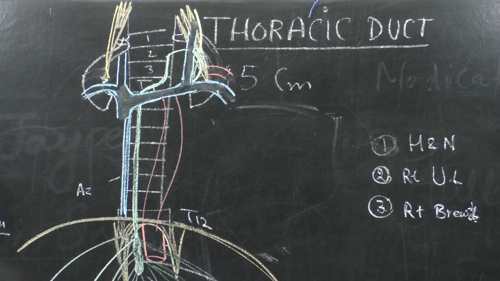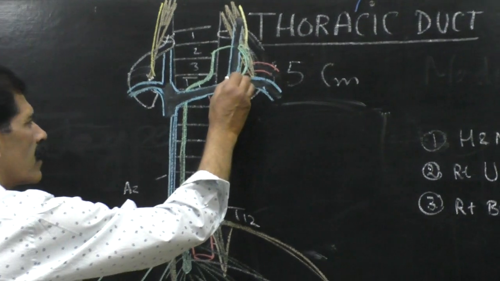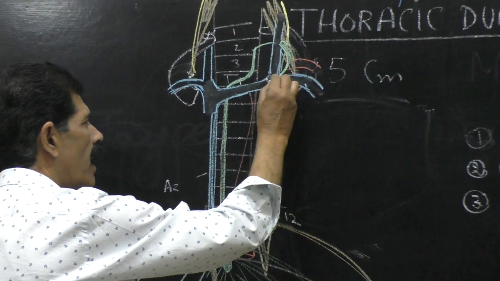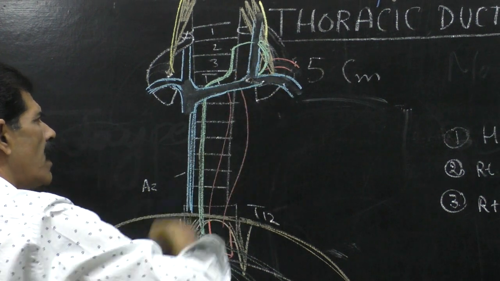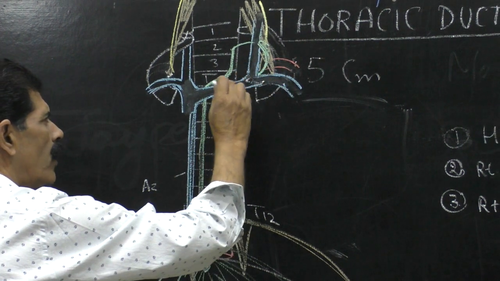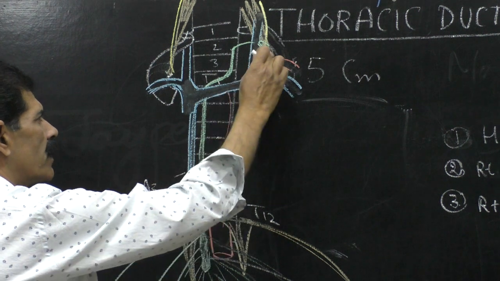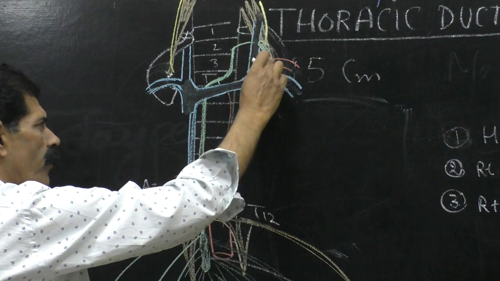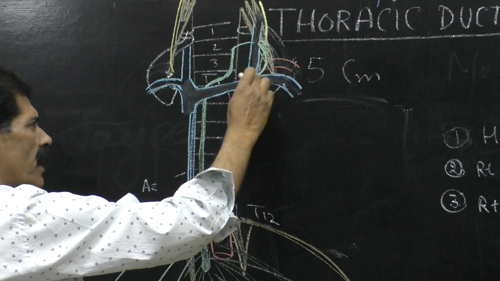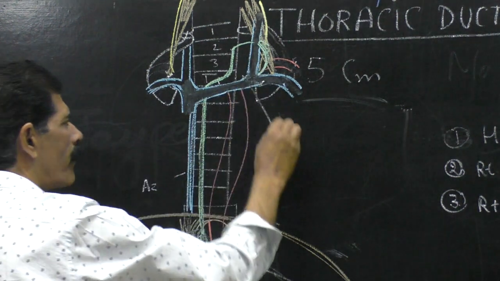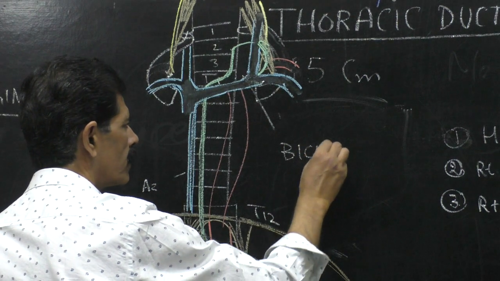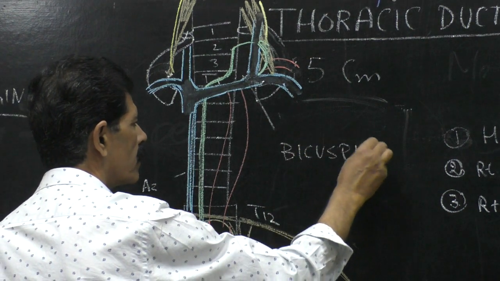So a bicuspid valve is already present here at the junction, and this bicuspid valve prevents blood from entering the thoracic duct. Only the lymph from the thoracic duct can enter into the bloodstream. So here lies the bicuspid valve at the termination.